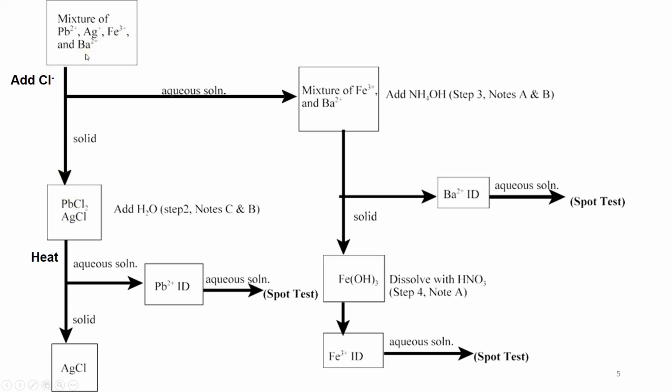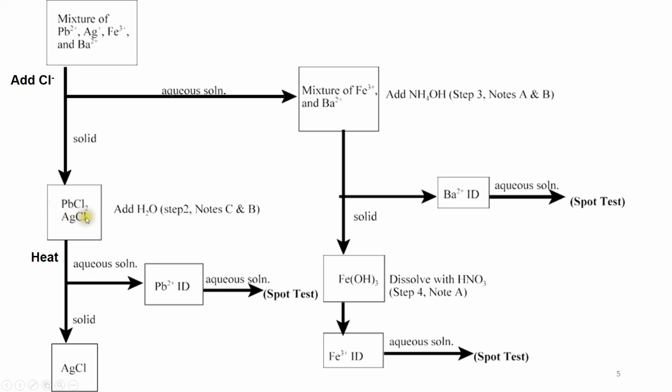Iron and barium will stay in the solution. This way we can separate silver and lead from iron and barium. Again, iron and barium will stay in the liquid layer. Lead and silver will precipitate out of the solution.